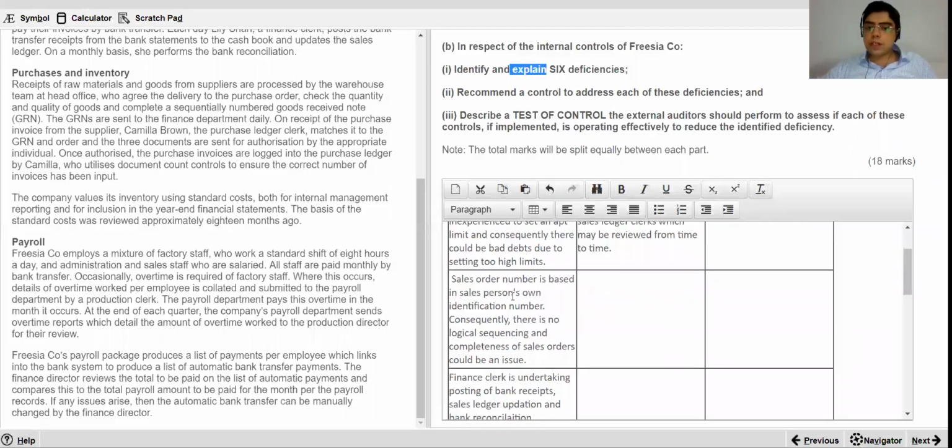Okay, the other problem was that sales order numbers lacked sequence.